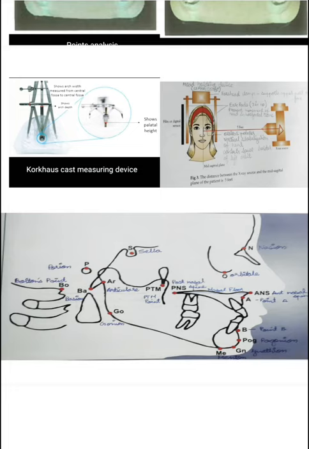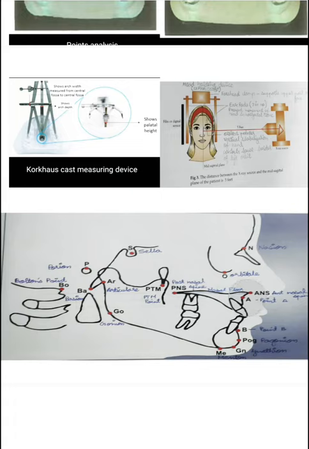It is the deepest point in the midline between the alveolar crest of the mandible and the mental process. Basion is the median point of the anterior margin of the foramen magnum.